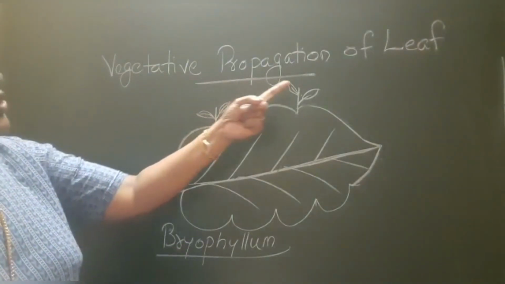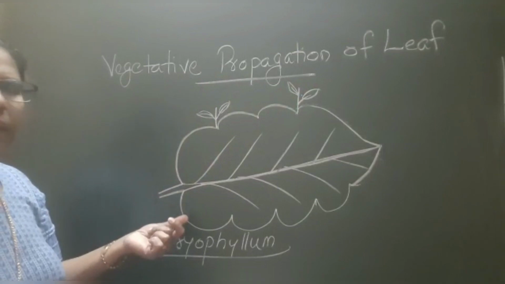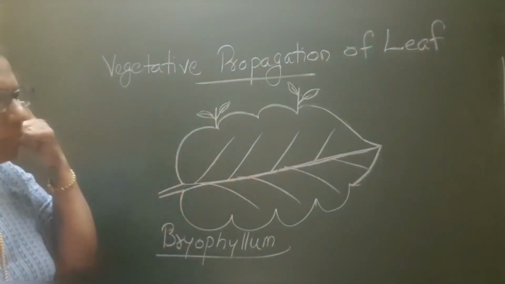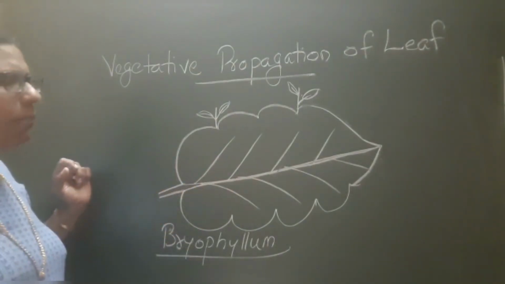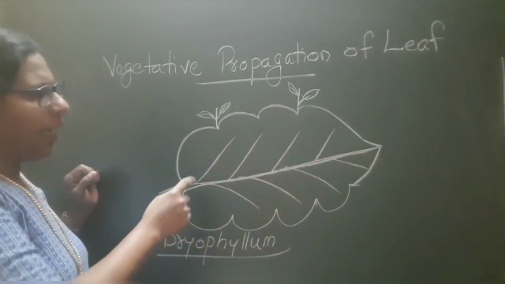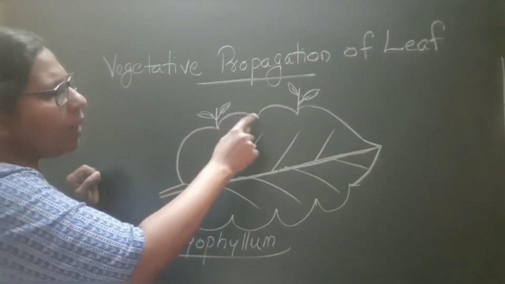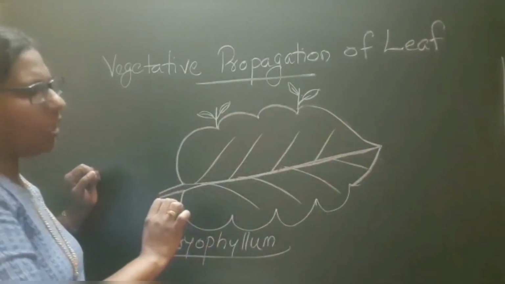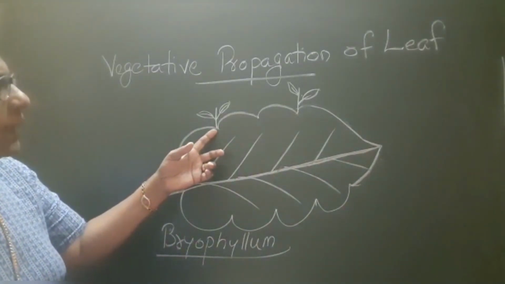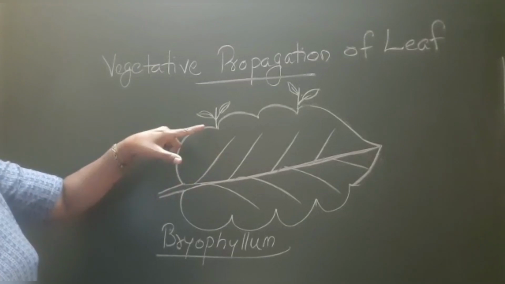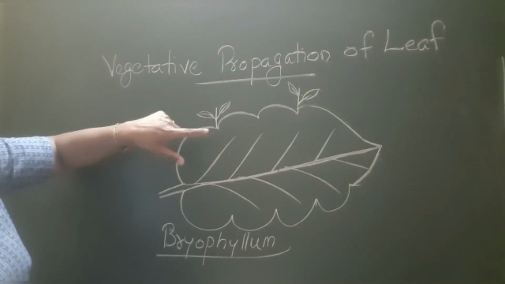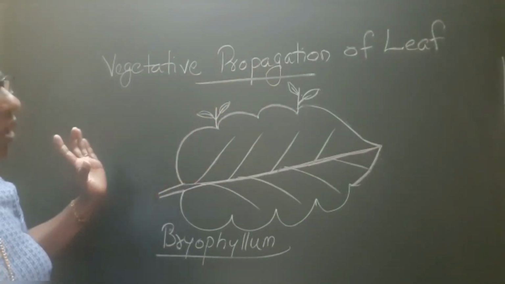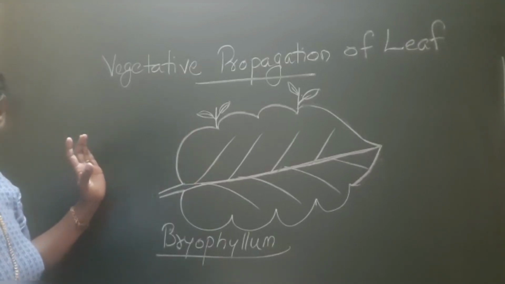In the vegetative propagation of leaf, here I have taken the example of bryophyllum leaf. These bryophyllum leaves are very broad and they have notches on the margin. On the notches there are buds.